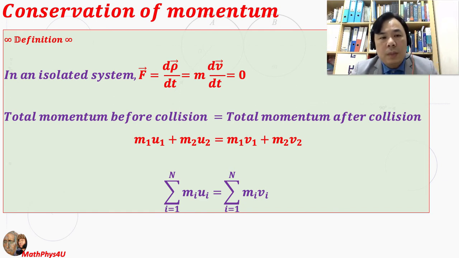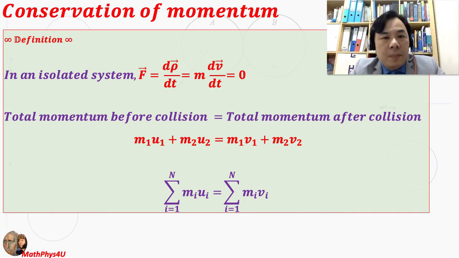If you'd like to visualize how the equation looks, usually we prefer to write m1u1. u is the standard symbol we use to represent initial velocity, whereas v represents the velocity after collision. Or you can write it in summation form, or in a more simplified form.